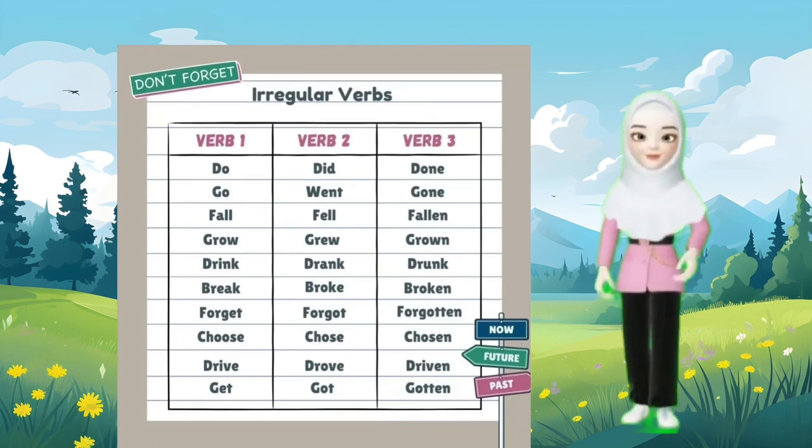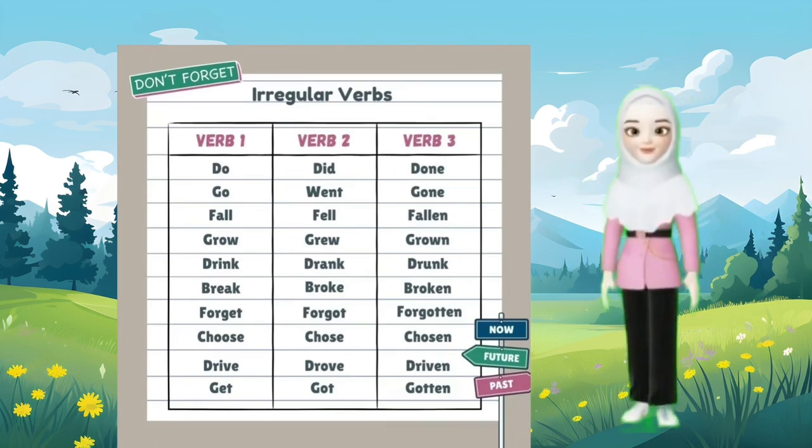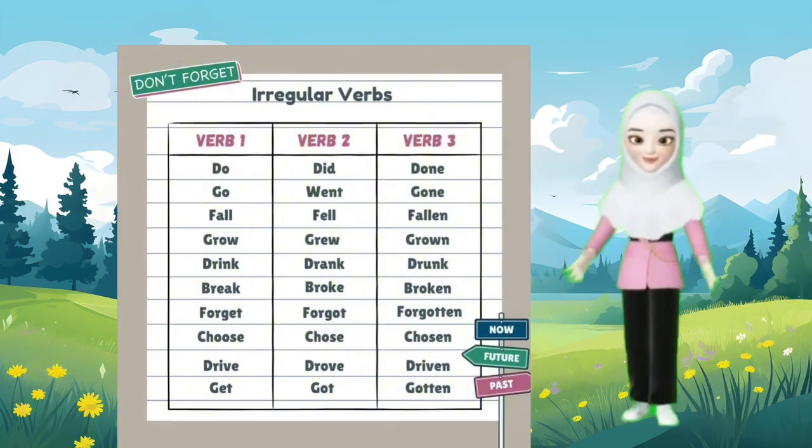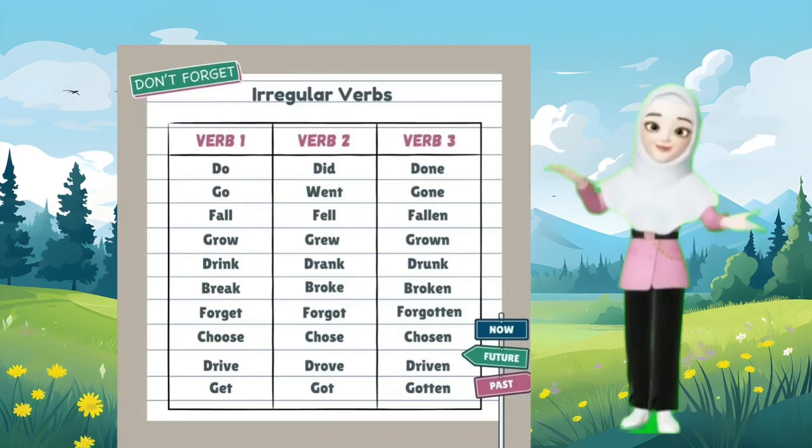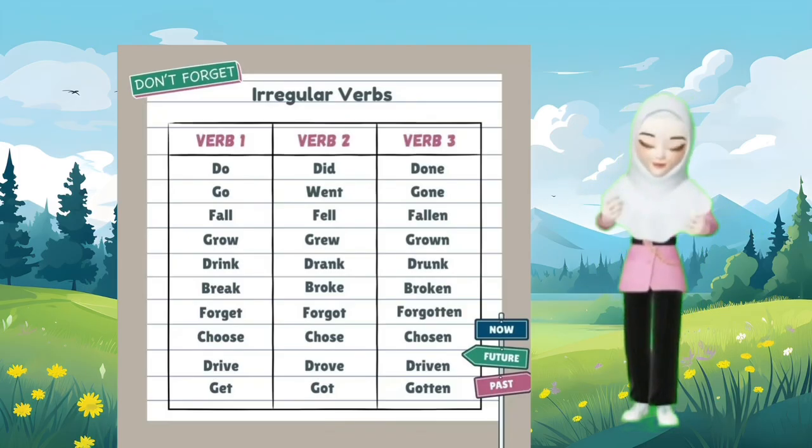Let's continue with irregular verbs. Unlike regular verbs, irregular verbs do not follow a pattern. That means we cannot simply add ed to form the past tense. Each irregular verb has its own unique forms. Verb 1, base form. Verb 2, past tense. And verb 3, past participle, can be very different.